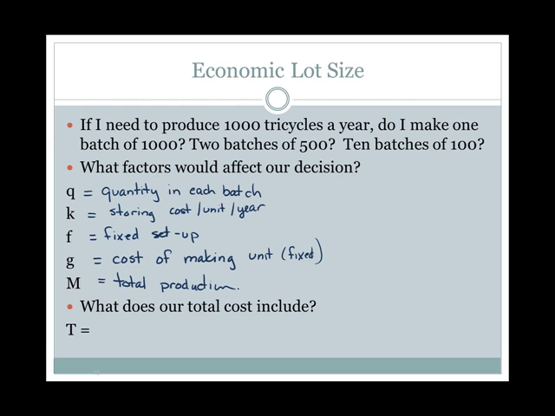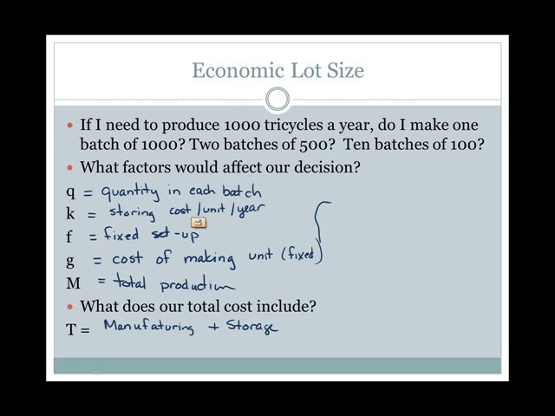So using that, let's talk about what is in our total cost. When we figure out our total cost, we have to figure in two things: manufacturing and storage. Manufacturing has to do with the number of batches you're doing.